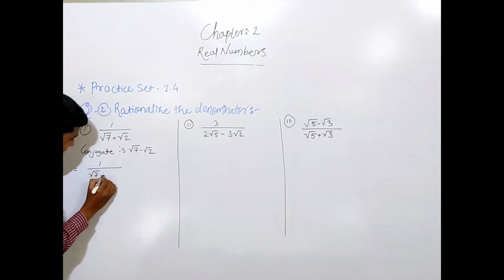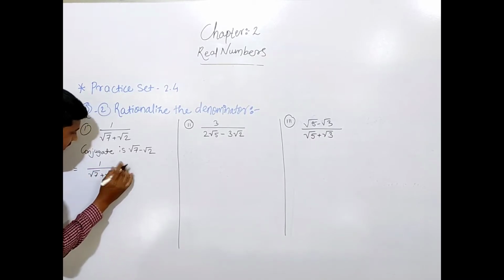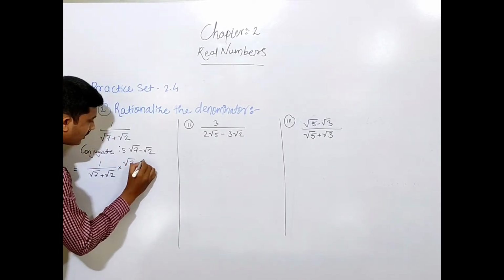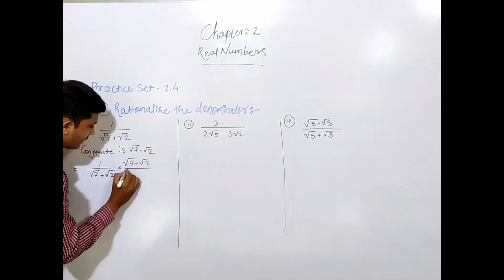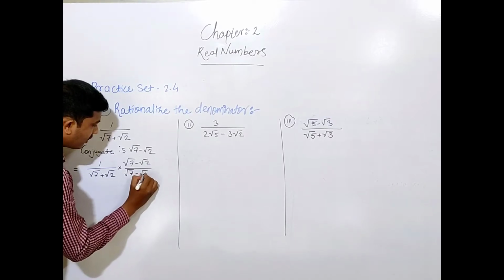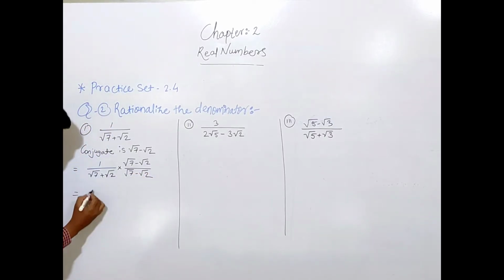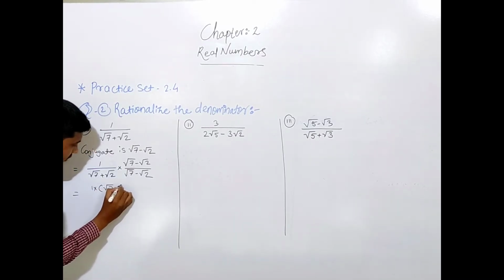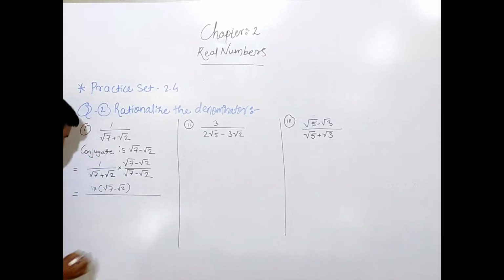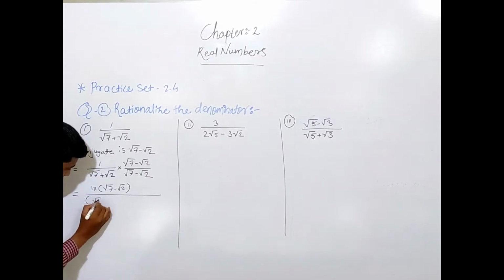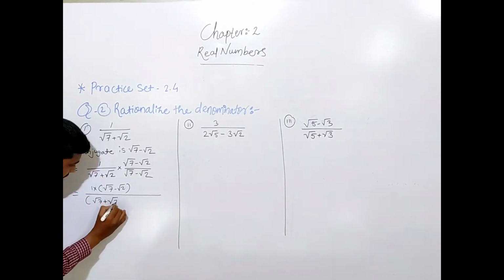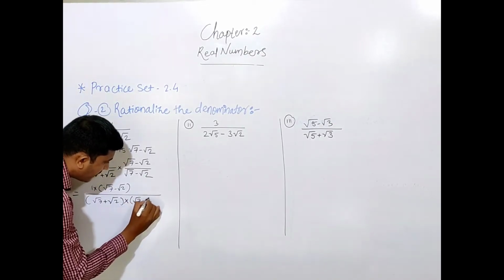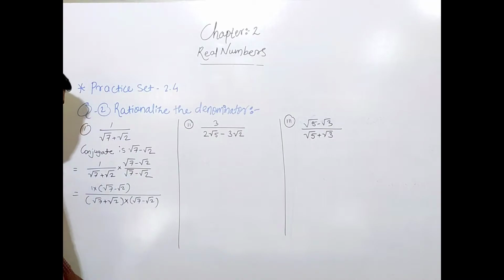Root of 7 plus root of 2 multiplied by root of 7 minus root of 2, upon root of 7 minus root of 2. Now simplify it.